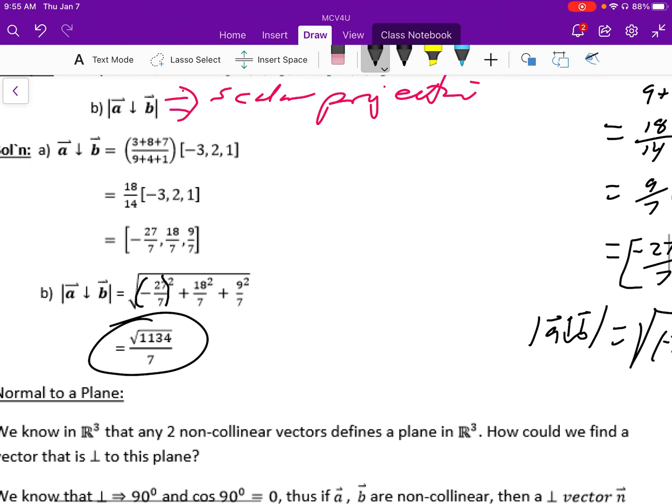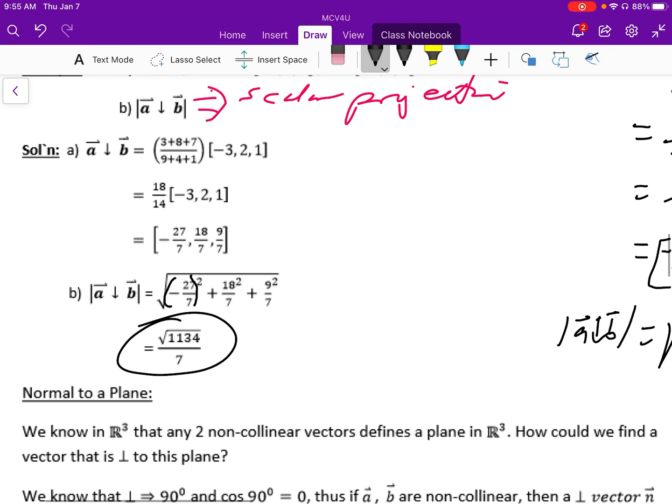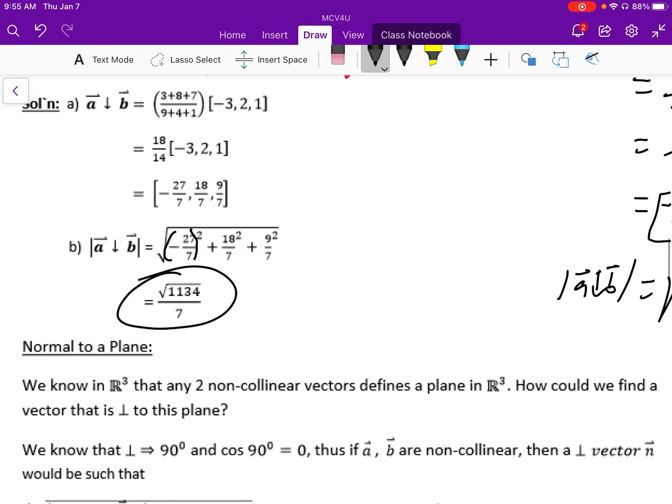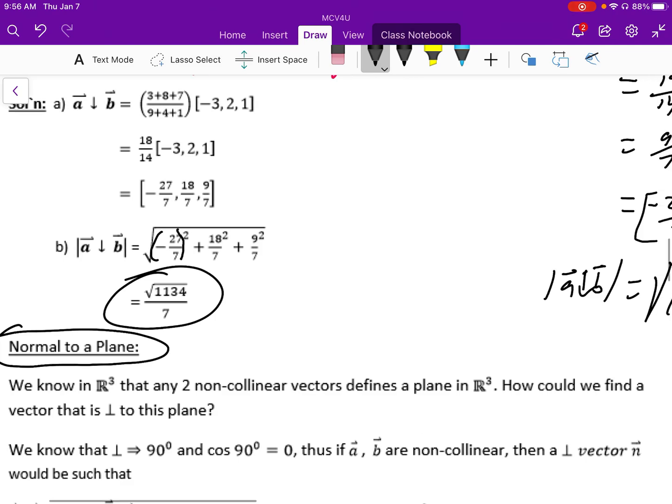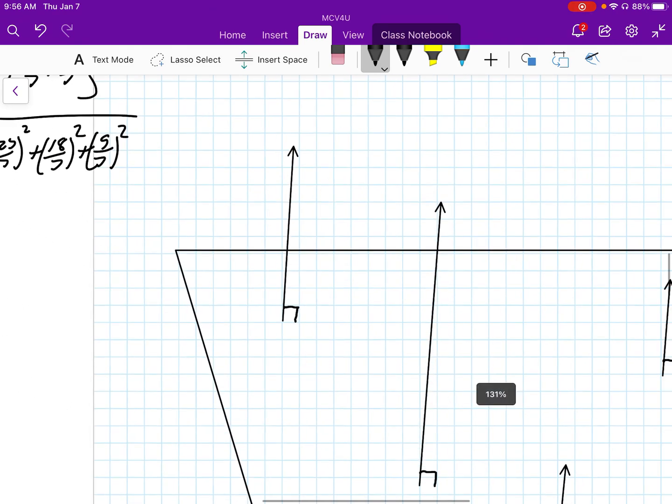The extension that we can do with the dot product in 3 dimensions is to find a normal to the plane. A normal is a vector that is perpendicular to the plane itself. So let me just show you a little bit here. I've got some examples.